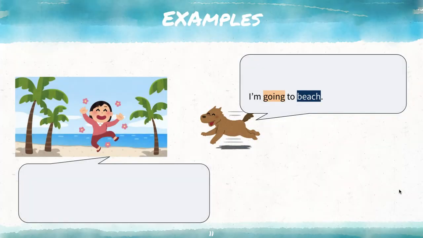So this is another example using the beach. First we're going to try to make a sentence from this dog's perspective. This dog is saying, I'm going to the beach. In Japanese, beach is 海.